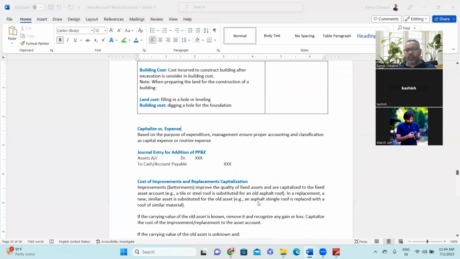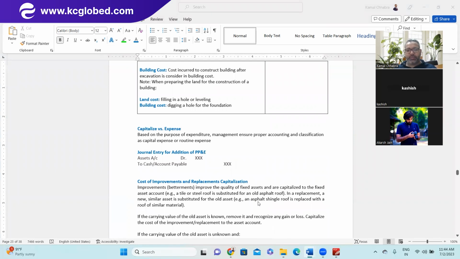Capital expenditure versus revenue expenditure. Do you have any idea what is capital expenditure? Sir, what did you ask? What is capital nature of expenditure?